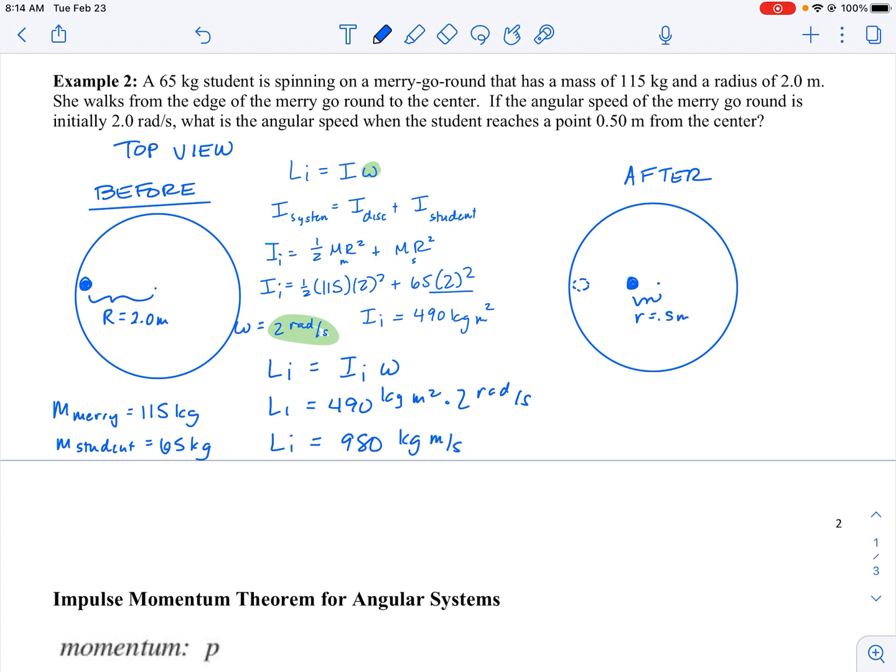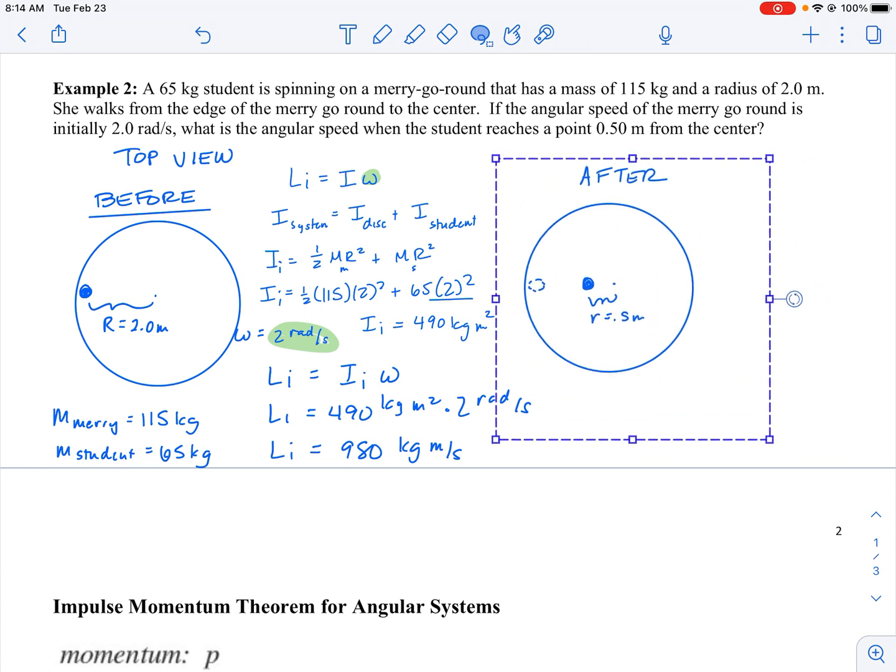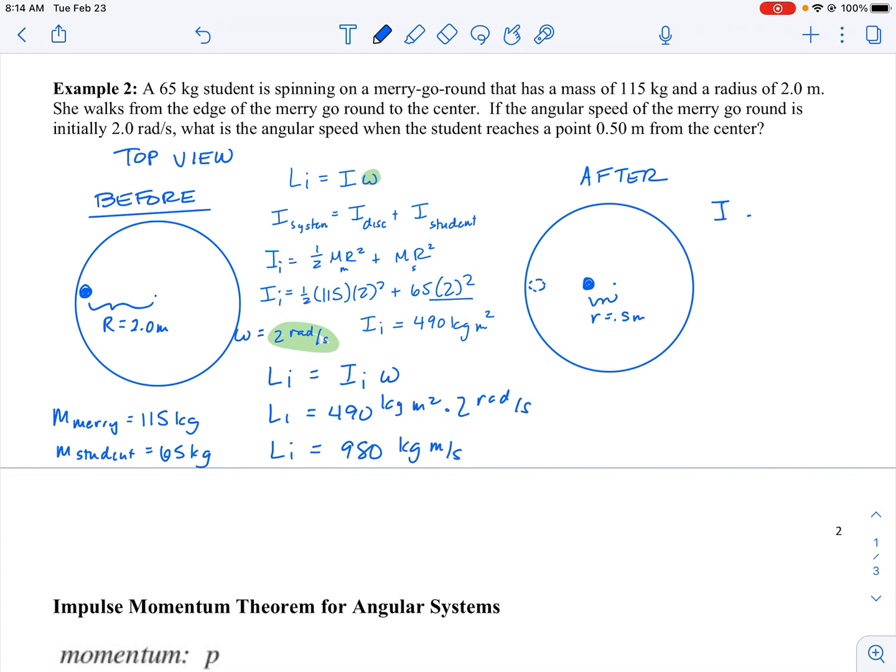So the moment of inertia is going to change. I'm going to give myself a little more room. So the new moment of inertia is going to be the moment of inertia of the disk again, plus the moment of inertia of the student, but the radius of the student is changing.